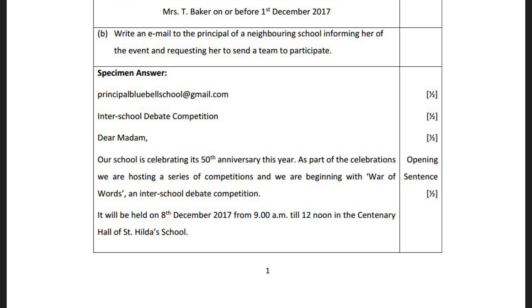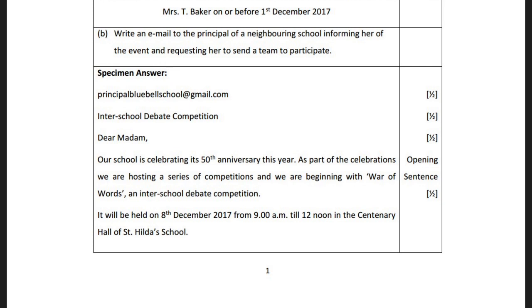So see the question. This is B part, or question 3B, also carries 5 marks, and the marks distribution is again mentioned alongside. So notice this. First and foremost is the top line. Now this time, since it is an email, emails are always left aligned.